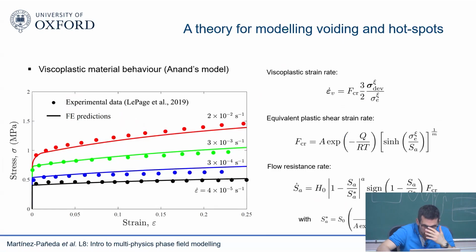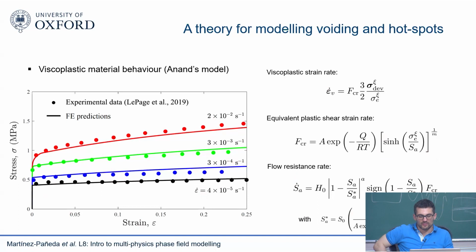It's a very simple type of power law model where you have an exponential activation energy and a flow resistance rate. It has a number of parameters, but the good thing is that we have experimental data of pure lithium, and the different strain rates, so we can fit the parameters of the Anand model, the constitutive parameters, to the data. So the same way you will fit, of course, yield stress, hardening exponent.